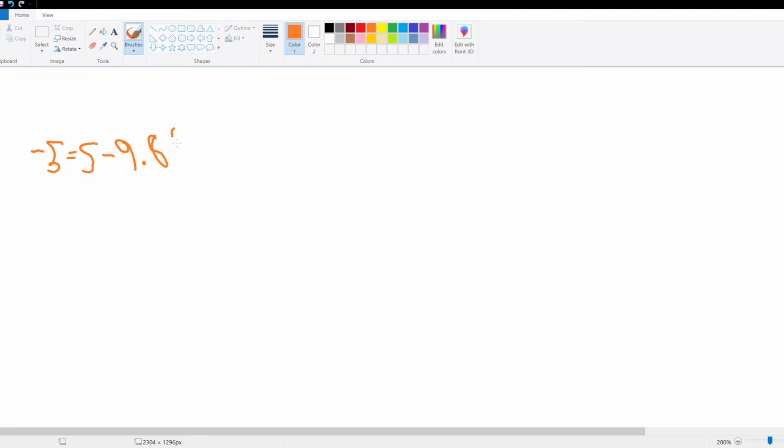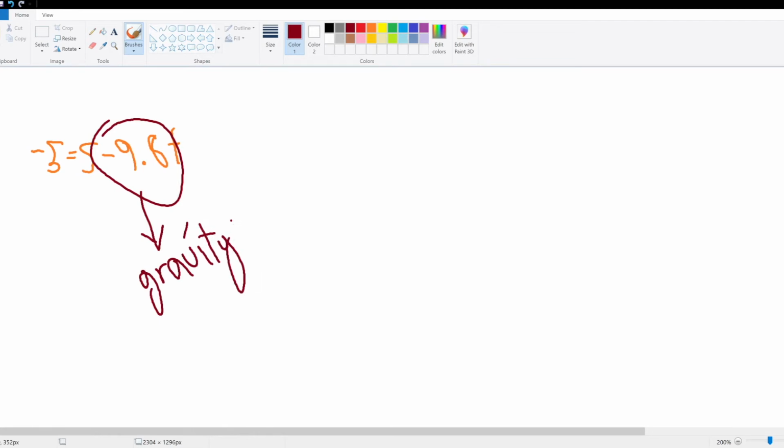In physics, 9.8 is our gravitational pull, or our gravitational acceleration. So this is gravity, in fact. So when we say acceleration in the y direction for projectile motion, it's always going to be negative 9.8 meters per second squared, okay? So we have to memorize that this is the gravitational acceleration.